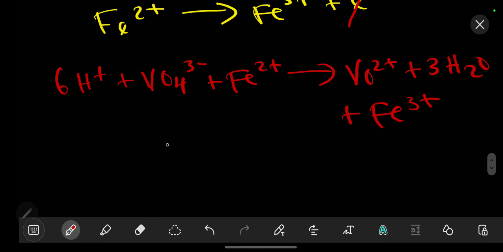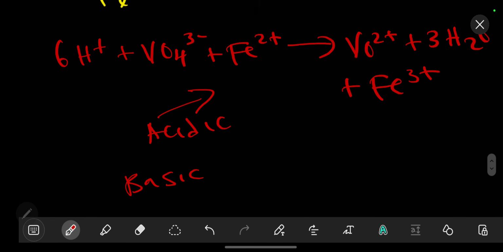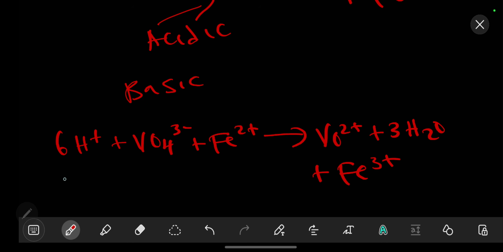So this is balanced in acidic. Let's just do it in basic. To balance in basic, we have the same equation, just add hydroxides. We are going to add plus our 6 hydroxides, since there are 6 hydrogens there. Then also on this other side we have 6 hydroxides like that. Then just convert.